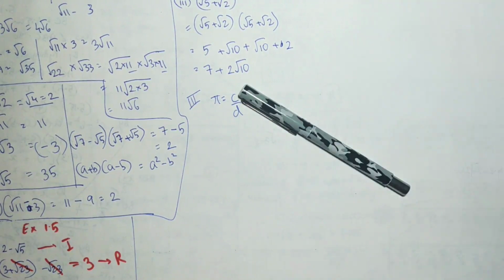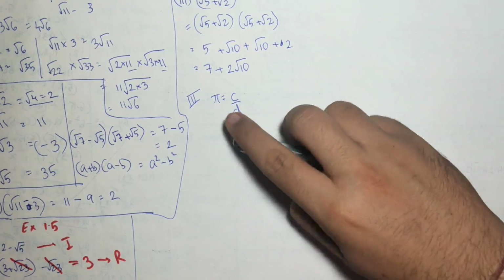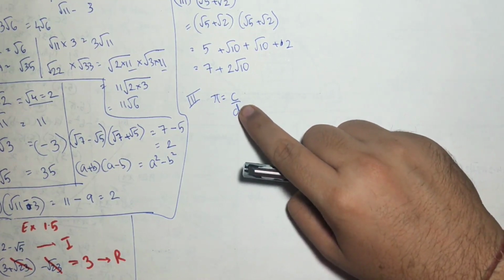If I tell you to construct a circle, the first thing and the last thing you will demand from me is the radius. Sir, give me the radius, I will construct the circle. But by giving the radius, I am actually giving you the diameter of the circle. So the diameter is known to us, the circumference is never known to us.